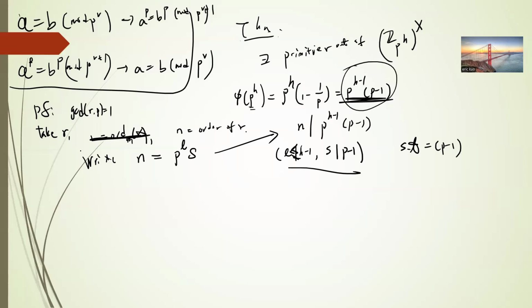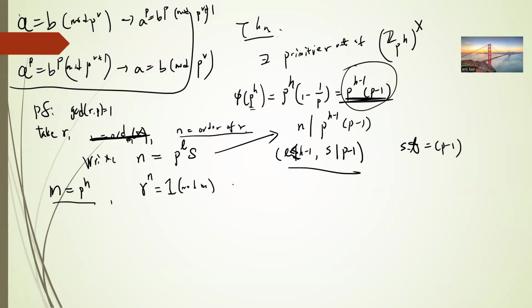Okay. So let me introduce a notation. Let's say m is p^h, just for convenience. By definition, we have r^n is 1 mod m, because n is the order of r.